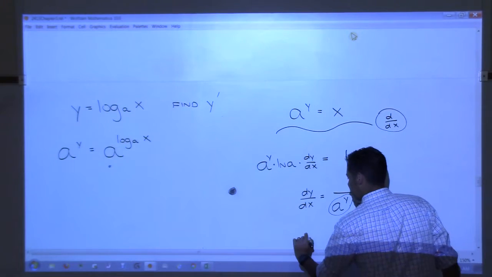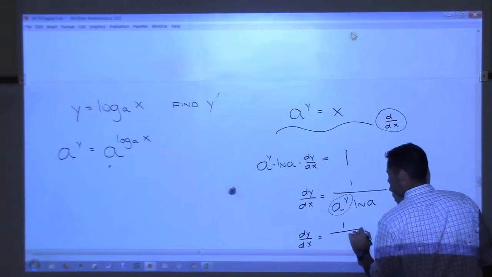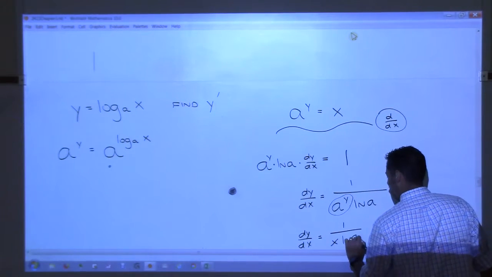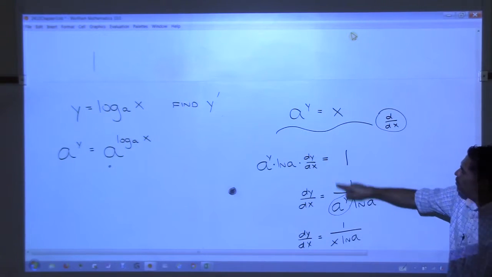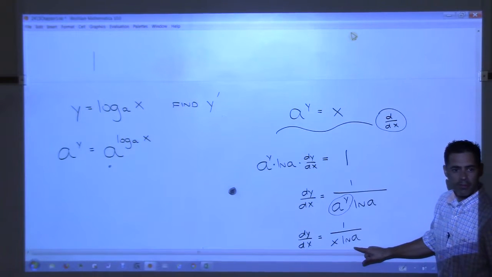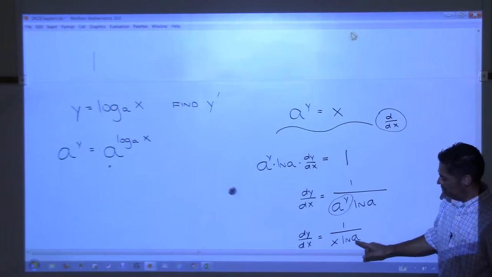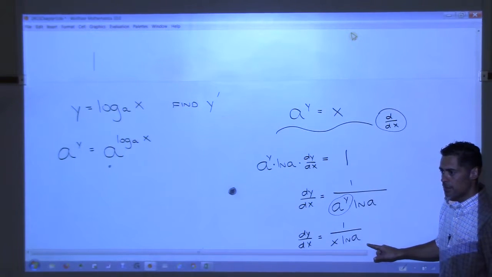So isn't this dy dx equal to 1 over x natural log a? I'm replacing a to the y with what it is. It's x, isn't it? And that's the derivative. That's it right there. The derivative of y with respect to x is 1 over x natural log a.